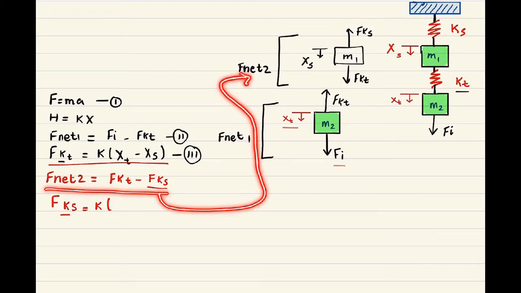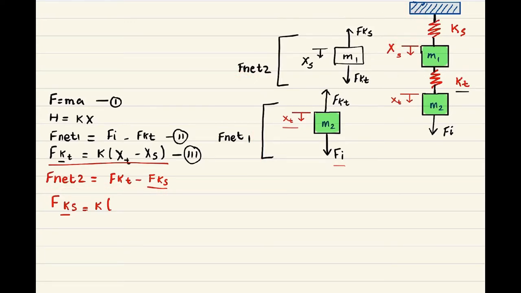In Fnet2, which relates to our m1, we are having a displacement between this point and the ground, and we know the displacement at xs is represented by xs, and at the ground we are having a displacement of 0.